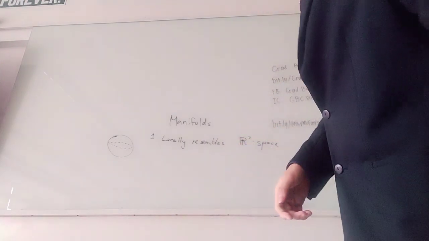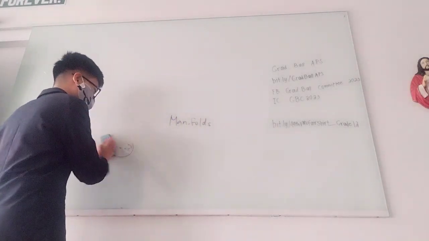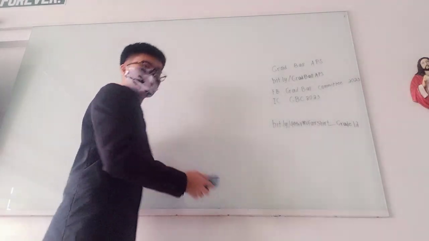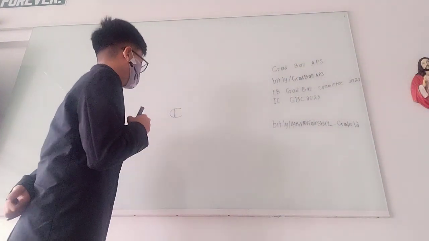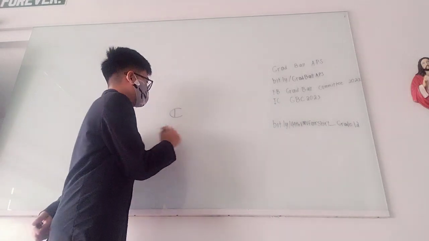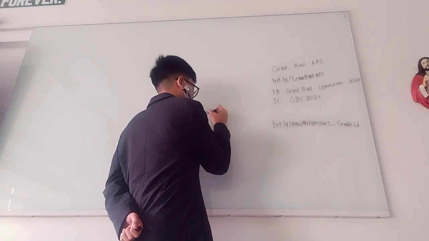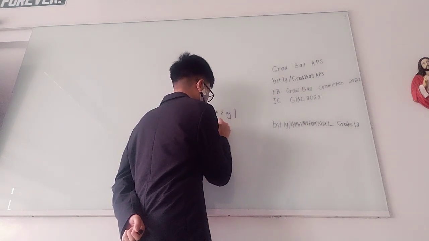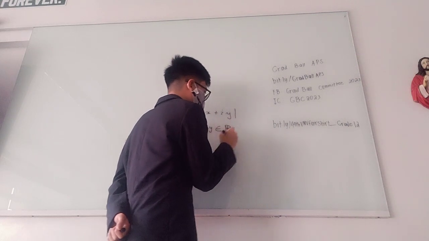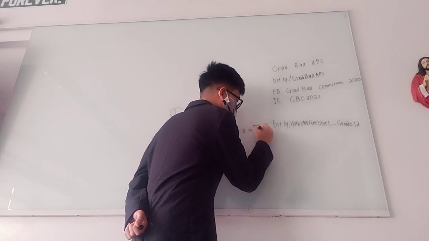Take for example C. C is a topological space, the complex plane, which is the set of all points x plus iy, such that x and y are real numbers, and i is equal to the square root of -1.